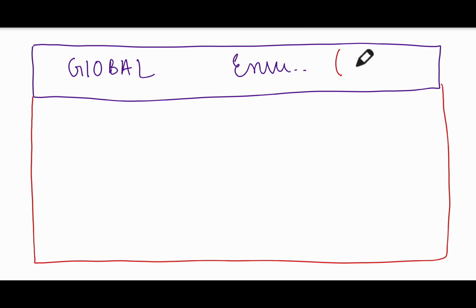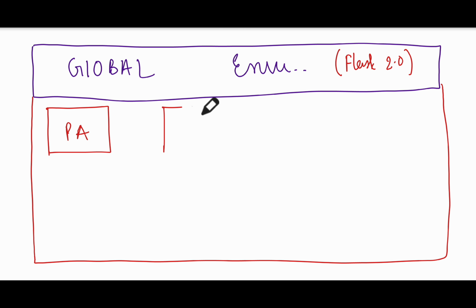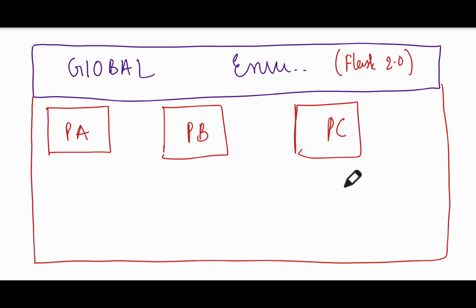Globally, let's say there is the Flask application at 2.0. Now inside I can have multiple projects: project A, project B, project C, this is my computer, project D, and similarly there can be so many projects.